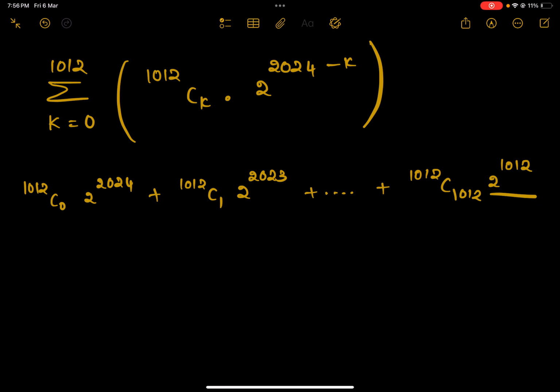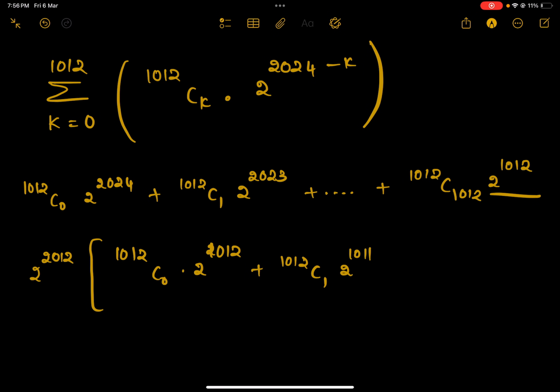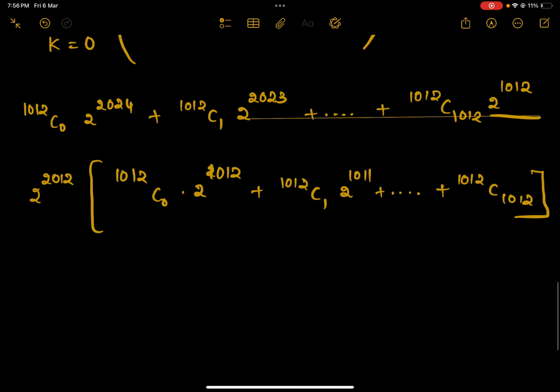If you take 2 to the power 1012 common, you have 1012 C0 2 to the power 1012 plus the next term, 1012 C1 2 to the power 1011, plus and so on plus 1012 C1012. So what is this?